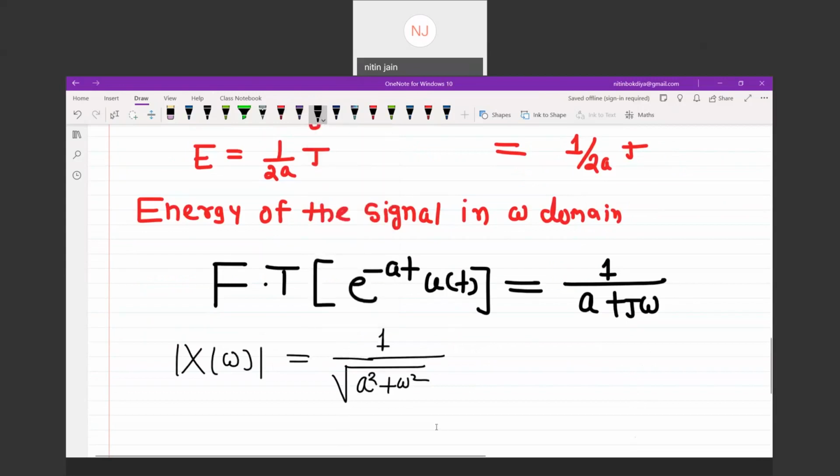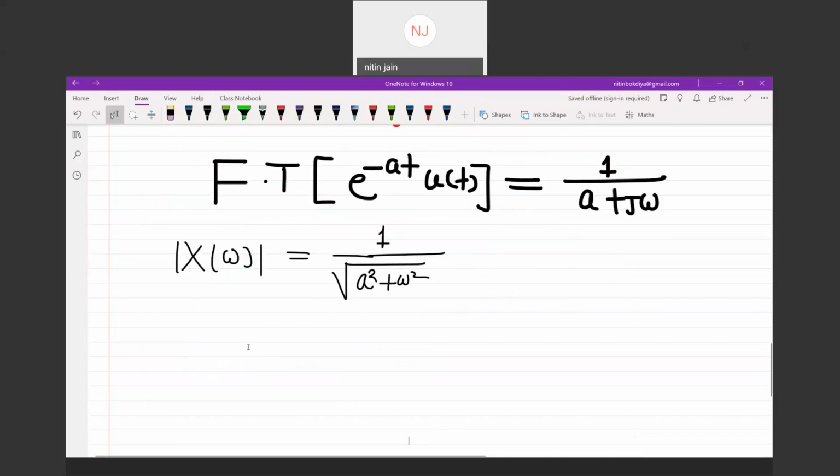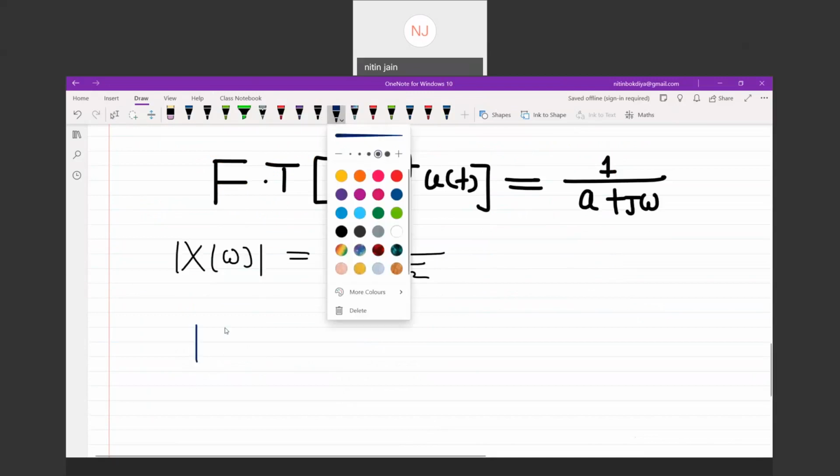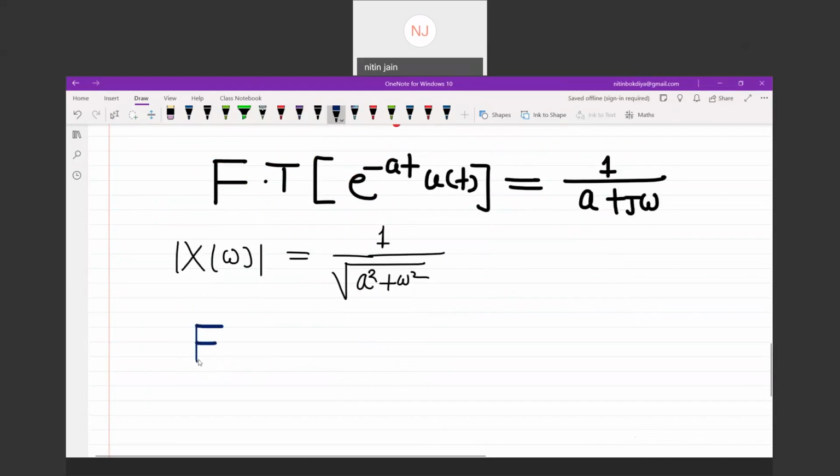We know that the energy of the signal can be given by the integral from minus infinity to infinity of 1 over 2π times 1 divided by (a² + ω²) dω.